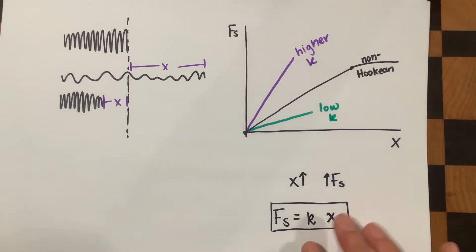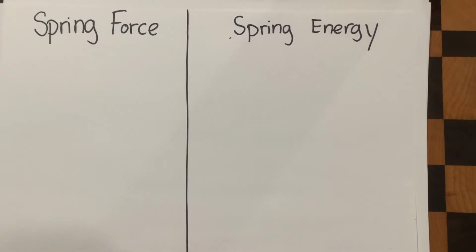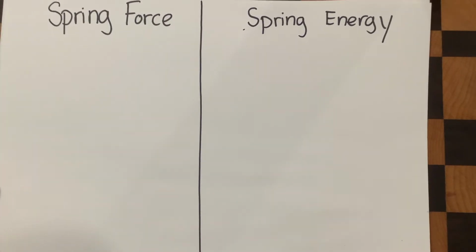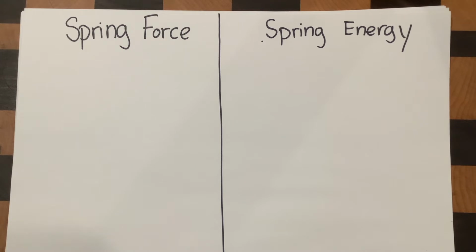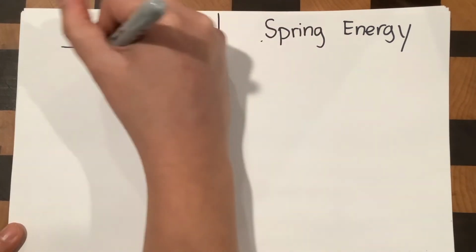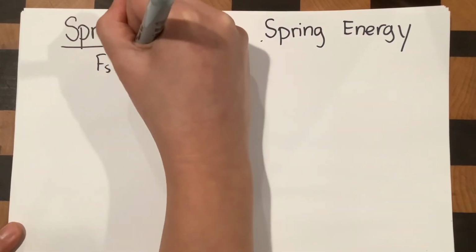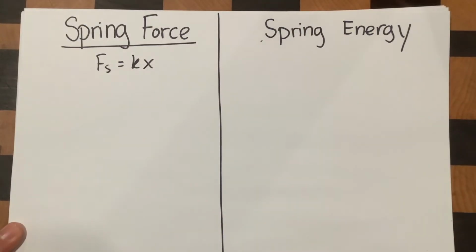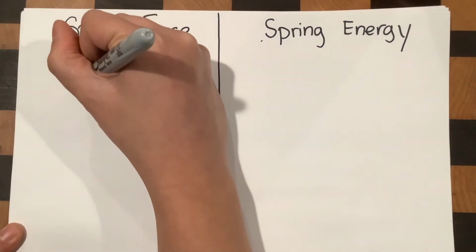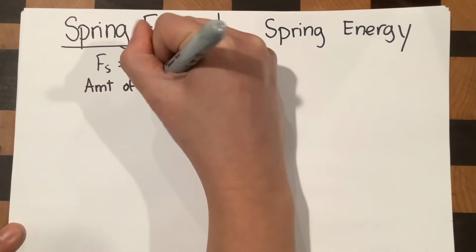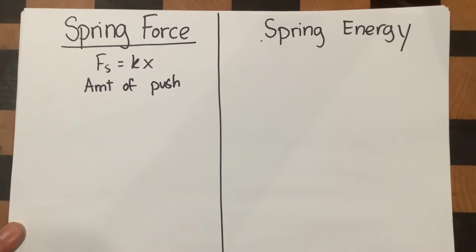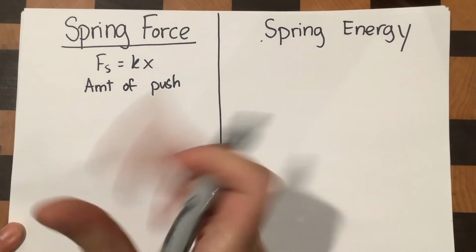Now, we need to understand spring constant in order to understand both spring force and spring energy. So let's see if we can tell those two concepts apart. On one hand, spring force depends on spring constant and x, the spring extension. Think of spring force as the amount of push or pull needed to return that spring to its equilibrium length.